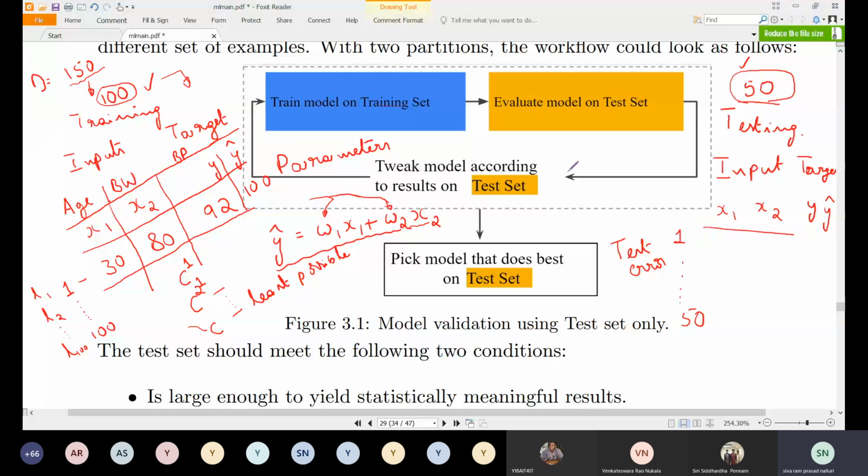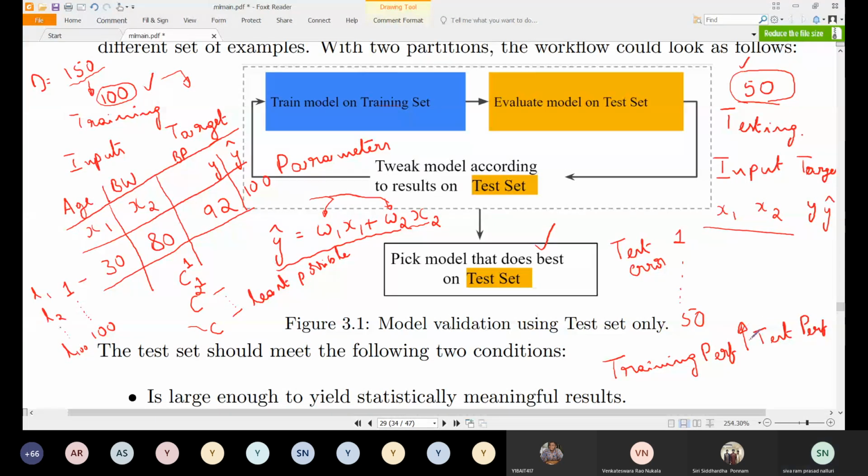So if a model is to be selected finally, what is the conclusion? Both training performance and test performance should be high.